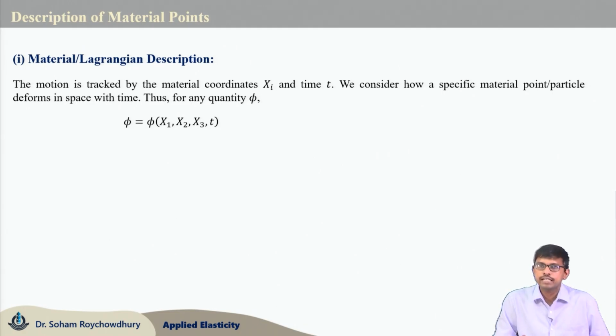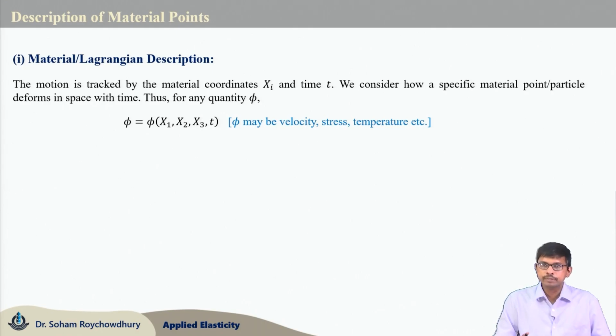For the case of material description, phi can be any quantity, it may be stress, temperature, velocity, acceleration, anything for a particular point P within the body. So, for material description, all the quantities, all the properties of the body are expressed as a function of undeformed coordinates capital Xi along with time.